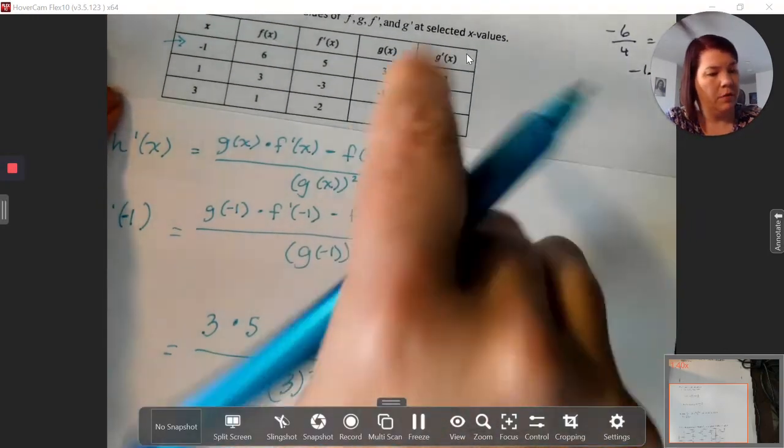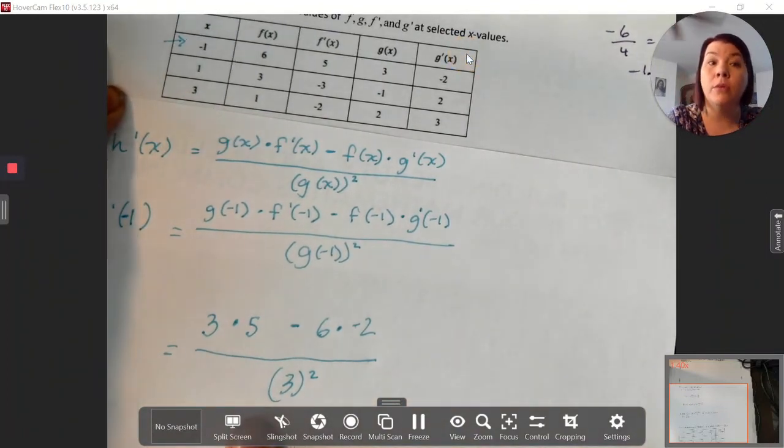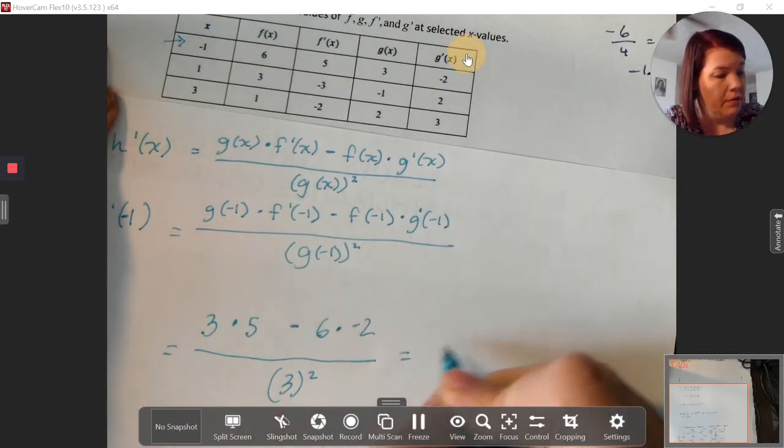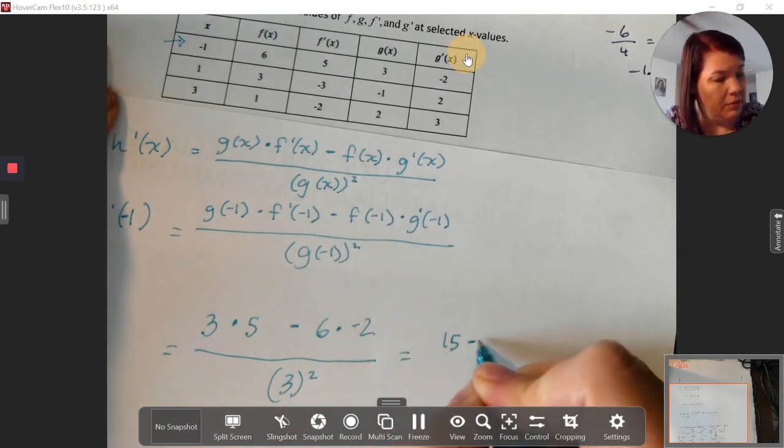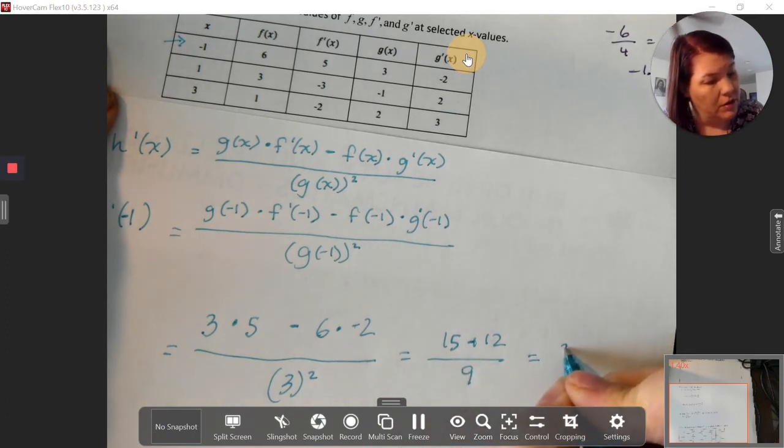Okay, so I use the top row because all of these are negative 1. I didn't have to do anything fancy, so the other two rows are there to confuse you. Don't let them win. And now here we go. 15 plus 12 over 9, which is equal to 27 over 9, which is equal to 3.